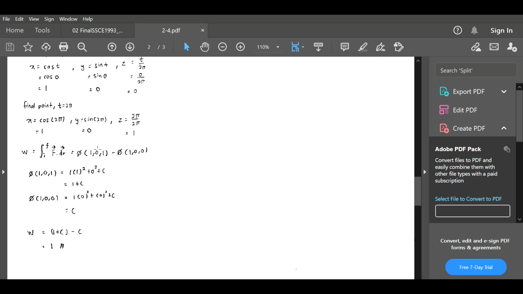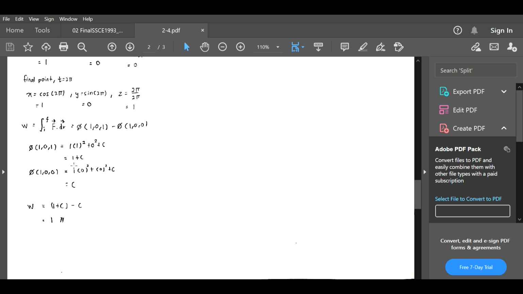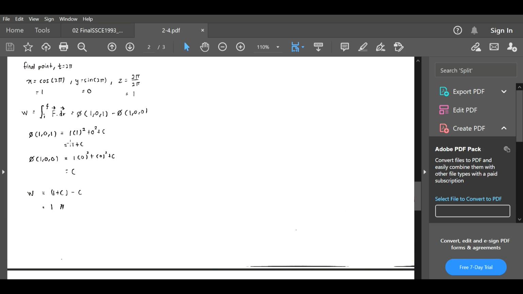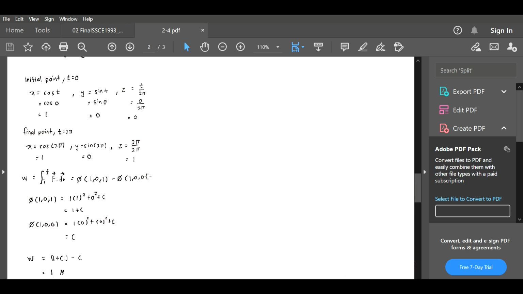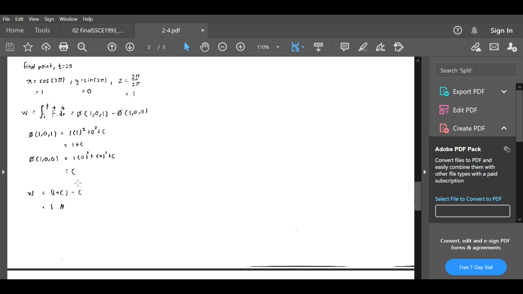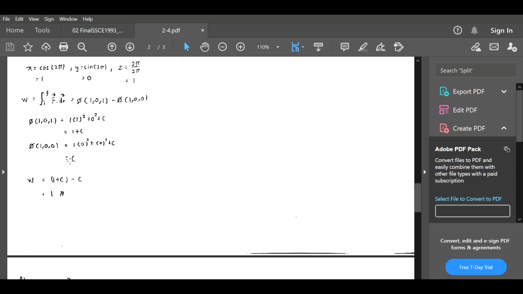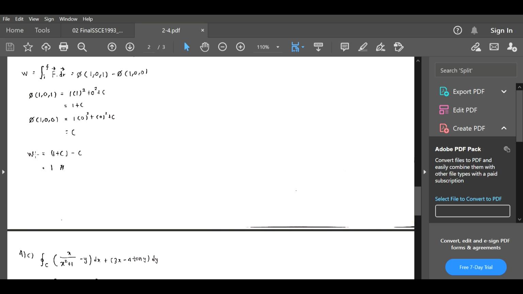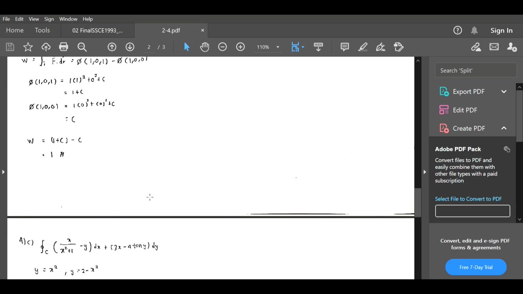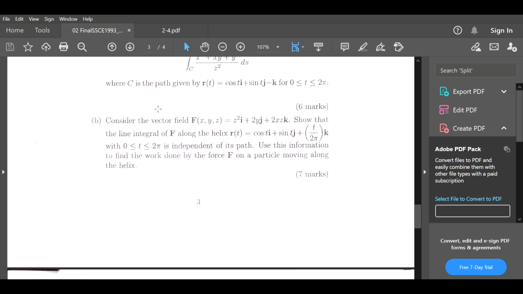Substitute the values x, y, z, and then we get 1 plus c for the final point, and this is the initial point, because it is final minus initial. To find the work done, we subtract, and then we get 1. Okay, next question.